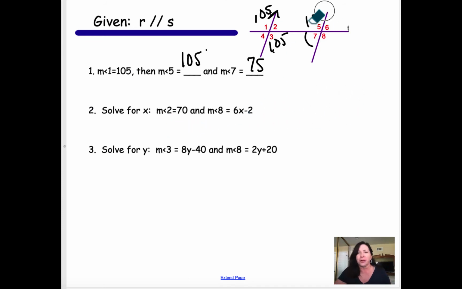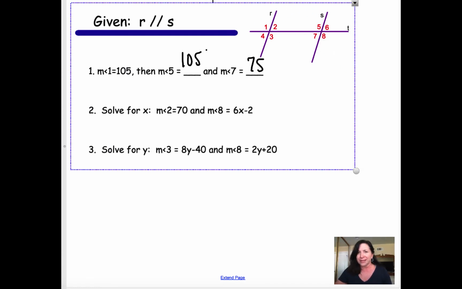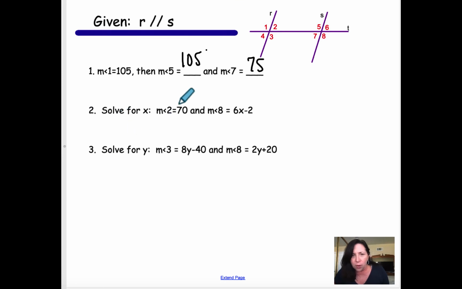So now I've got different values, but the same picture. The measure of angle 2 is 70. All right. And then it says the measure of angle 8, which is way down here, is 6x minus 2. Solve for x.